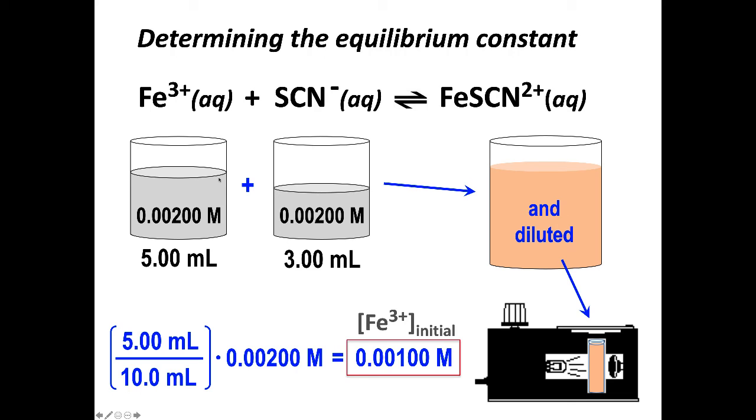And a quick note, essentially what we're doing is we're saying, let's pretend we could somehow mix these two solutions together and somehow stop the reaction from taking place temporarily, so we can just take into account how much they got diluted when they're mixed together, so we can get the real initial concentration, because it isn't really 0.002 molar. Everything gets diluted.